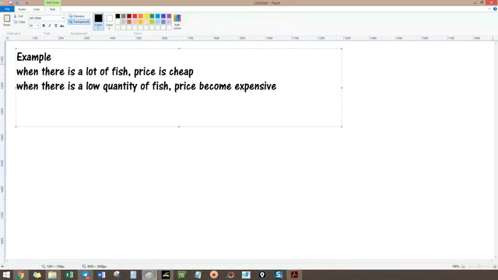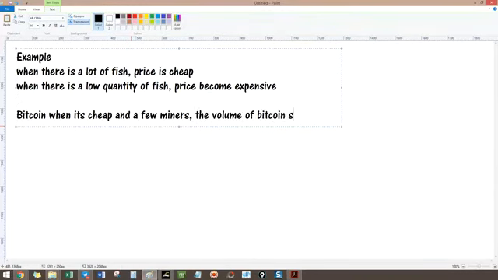Okay, so now I will give you another example. The most famous will be Bitcoin. When Bitcoin is cheap and no one is in it, and there are a few miners, the volume of Bitcoin is small.